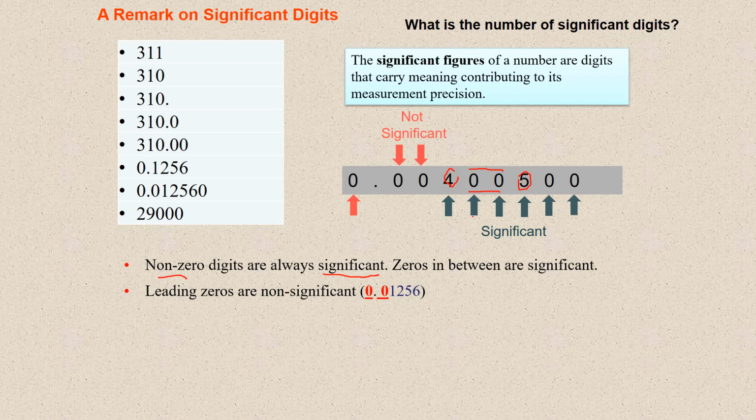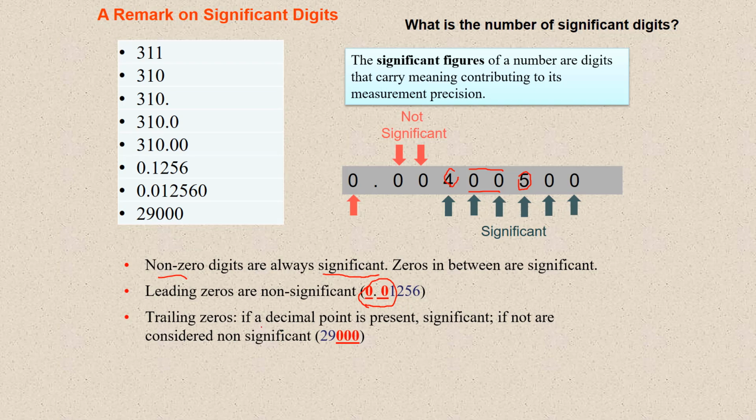As you can see in this example, 0.01256, the leading two zeros in front of 1256 are considered non-significant. Then trailing zeros, if a decimal point is present, are considered to be significant. But if there is no decimal point in the number, then the trailing zeros are going to be considered non-significant. In the number 29,000, the trailing three zeros are considered non-significant, and as a result 29,000 would have only two significant digits.